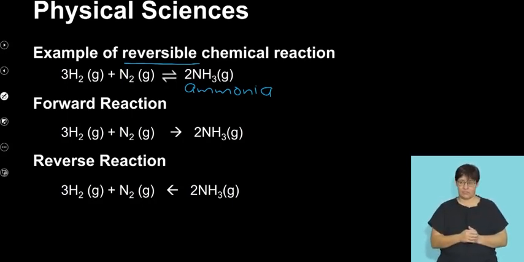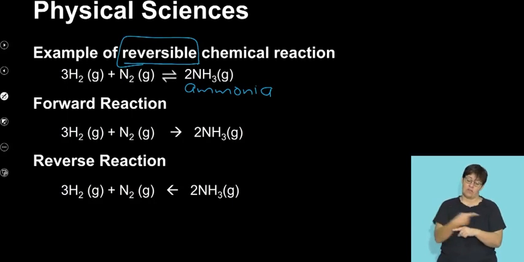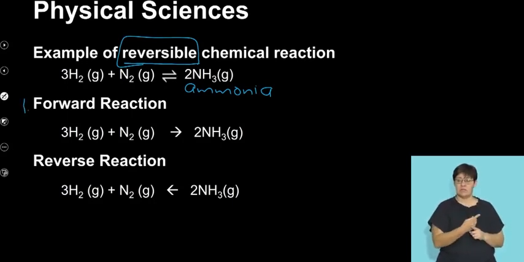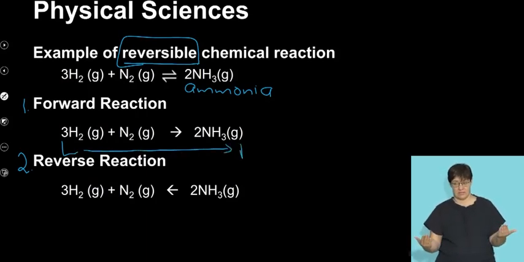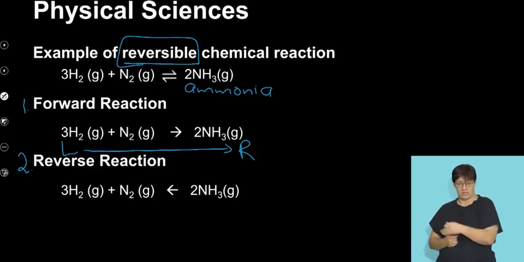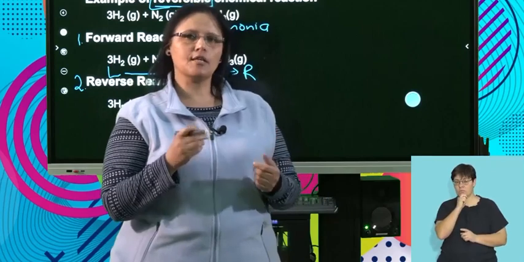Now, if we break up this reversible reaction into firstly the forward and secondly the reverse reaction, we can say the reaction that we read from left to right is the forward reaction. If we only write down the forward reaction, we will not be using the double arrow.